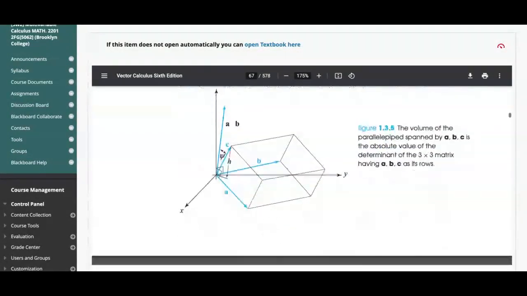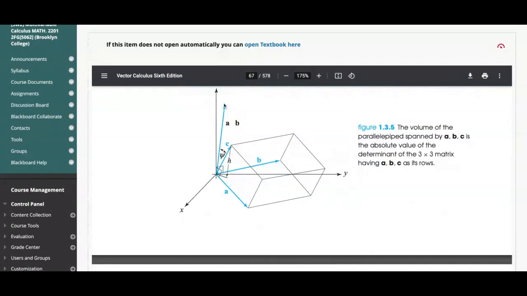This is a picture of it. We have a vector A, vector B, vector C. They're not collinear, they're not coplanar. Because each two vectors, if they're not collinear, form a parallelogram, we can form 6 parallelograms that form a 3D object.